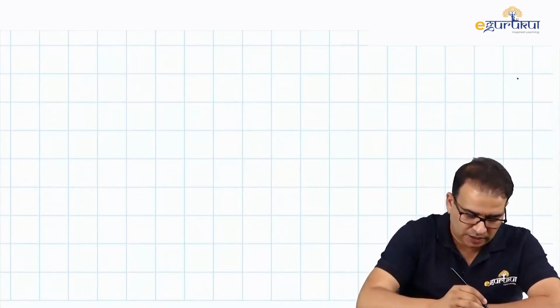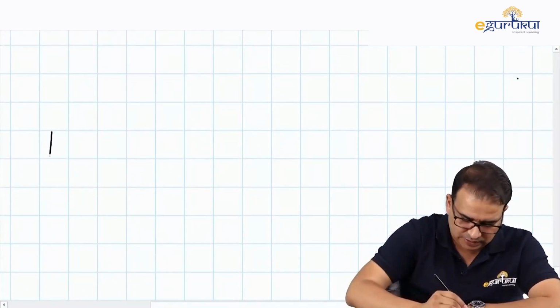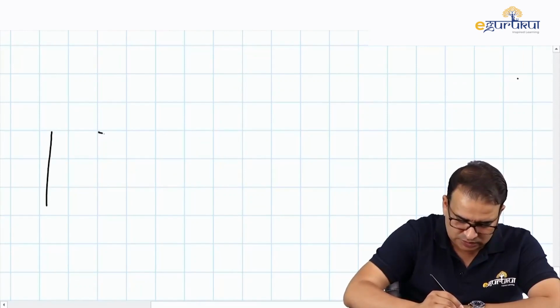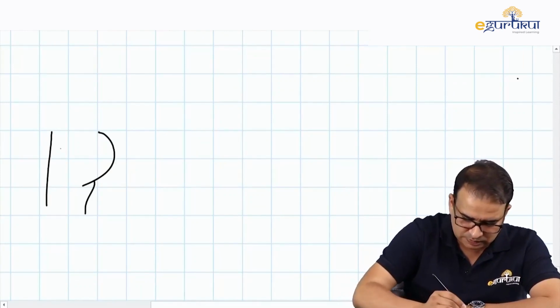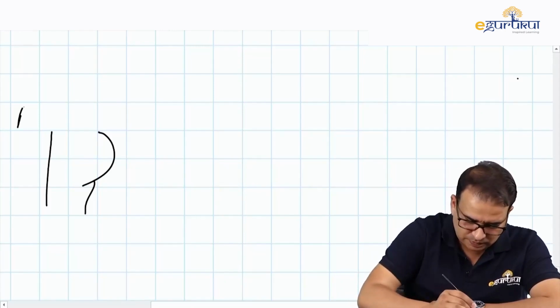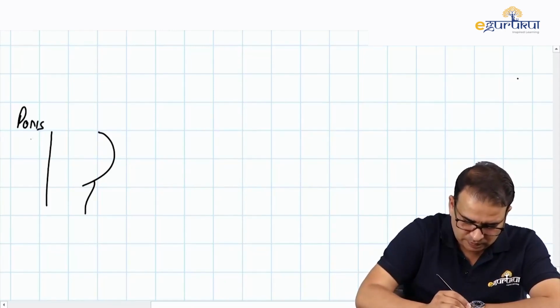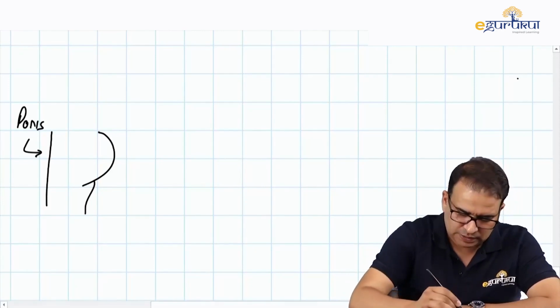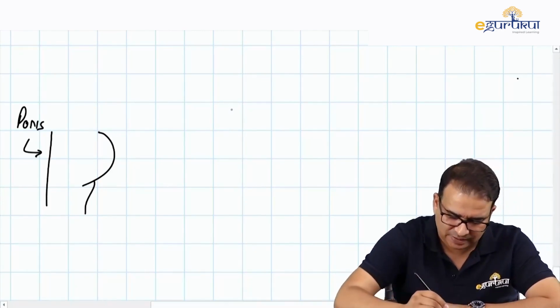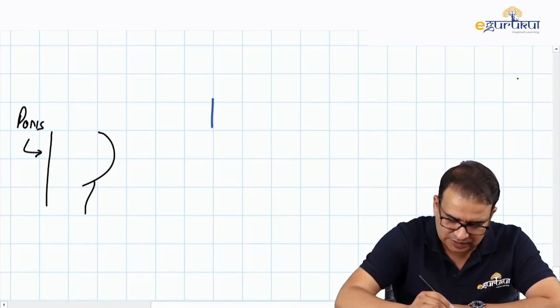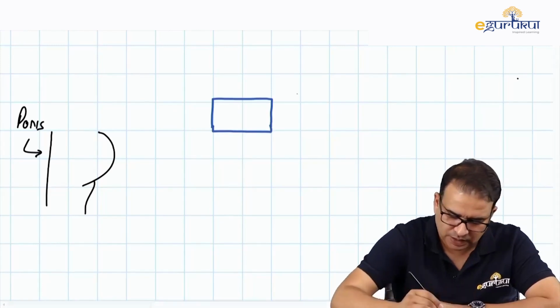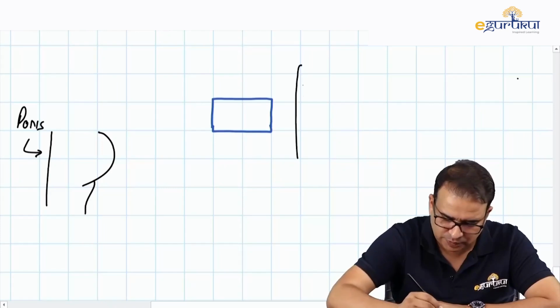So let us say this here is the pons. Just make sure to draw the cavernous sinus slightly higher. This is the cavernous sinus. And the rest is the same thing. Superior orbital fissure.